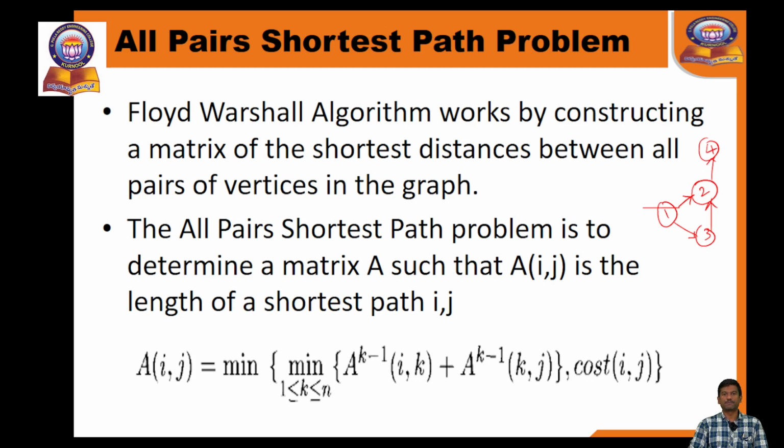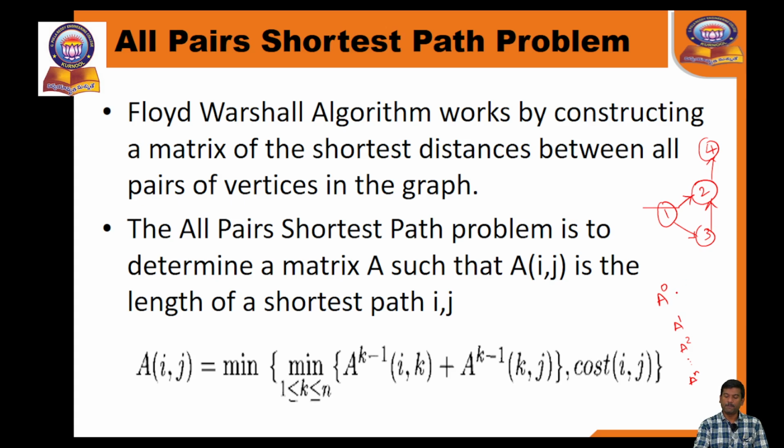i and j represent the vertices. And what does k indicate? k indicates the stages. As I mentioned, your problem has to be divided into a certain number of stages. Where k indicates the stage, you first compute A0, which represents the cost adjacency matrix, and then you find A1, A2, and so on till An. According to this graph, there are 4 vertices.